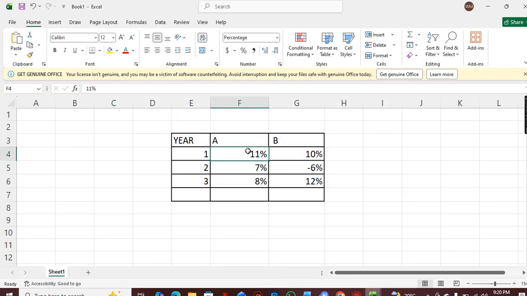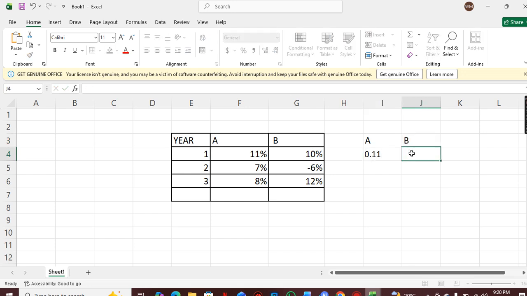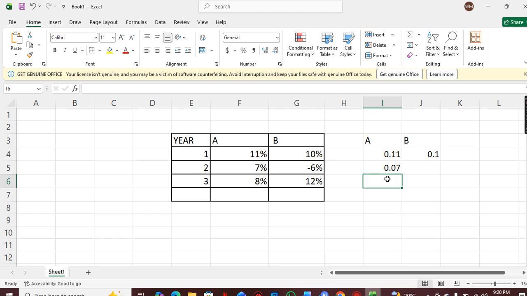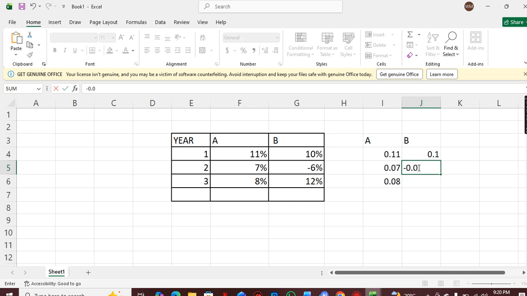So these percentages, I'll convert them into decimals. 11%, 0.11, 10%, 0.1, 7%, 0.07, 8%, 0.08, negative 6%, negative 0.06, 12%, 0.12.